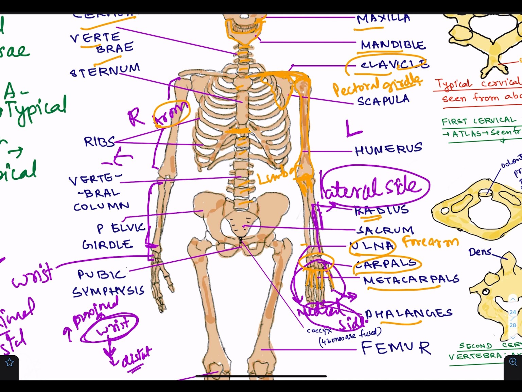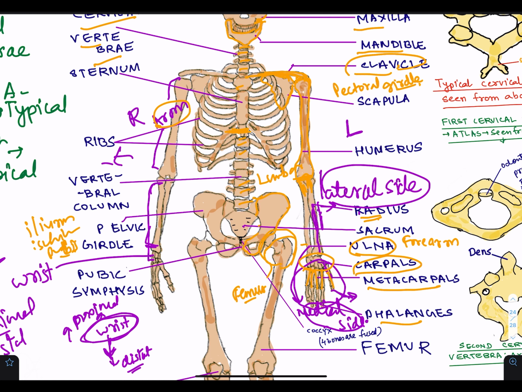Now, this is the hip bone. It is made up of 3 bones: ilium, ischium, and pubis. This bone is known as femur, and this constitutes the hip joint.